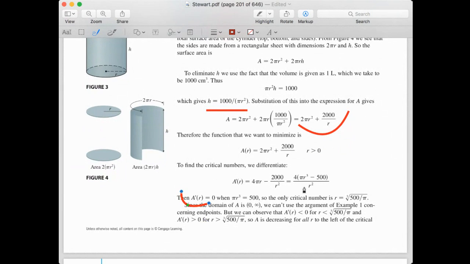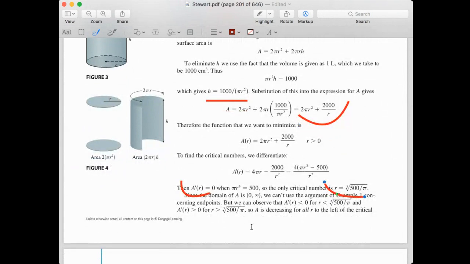Let's solve for r. So we get r equals the cubic root of 500 divided by pi. Right? Pi r cubed equals 500, so r equals the cubic root, where 3 is the index, of 500 divided by pi. And that's it.